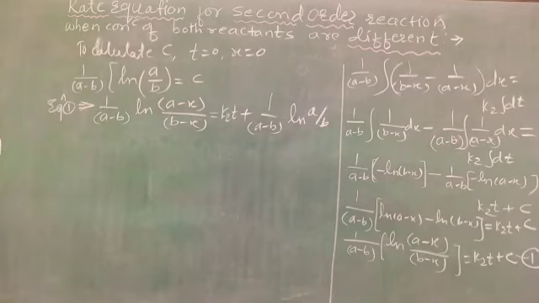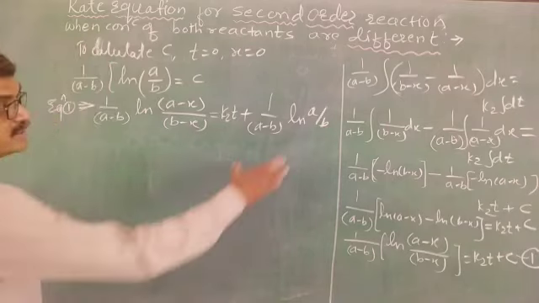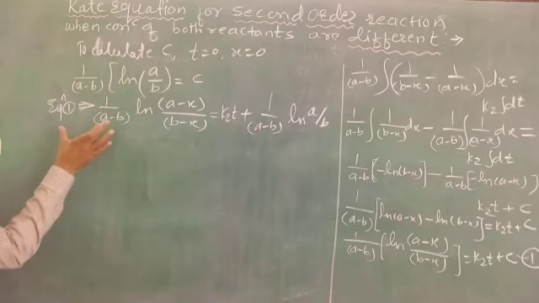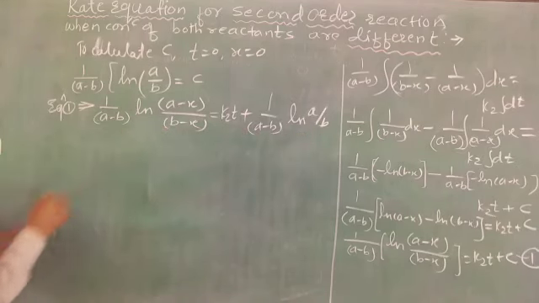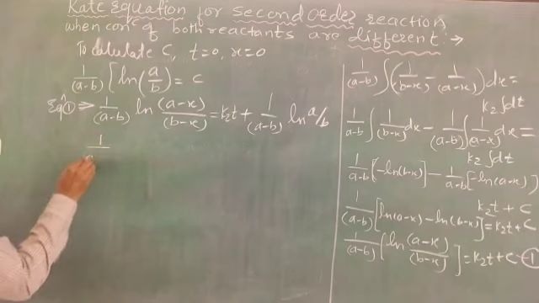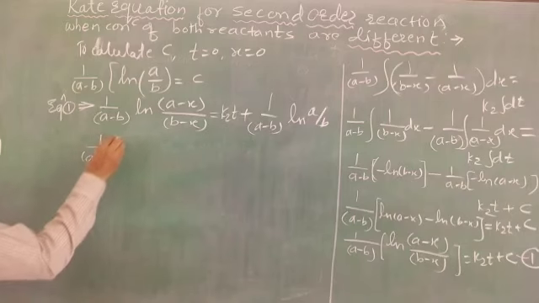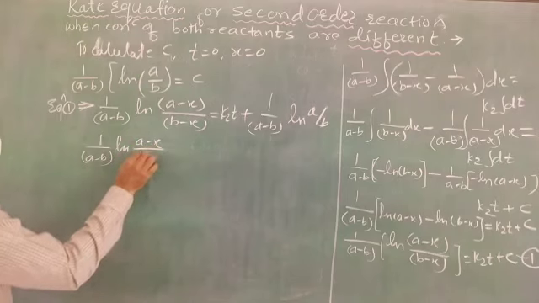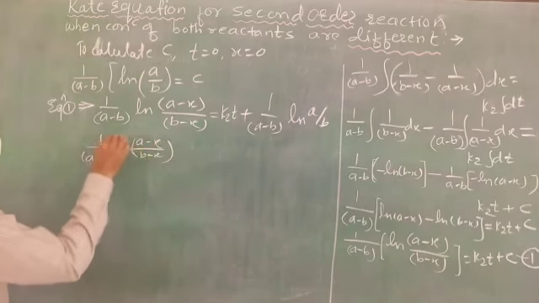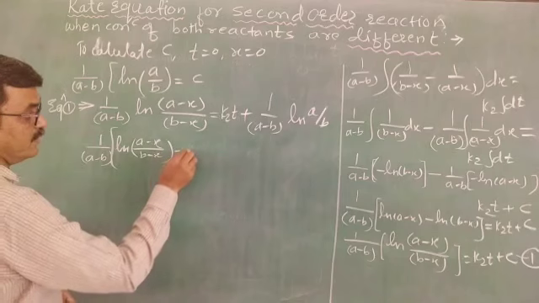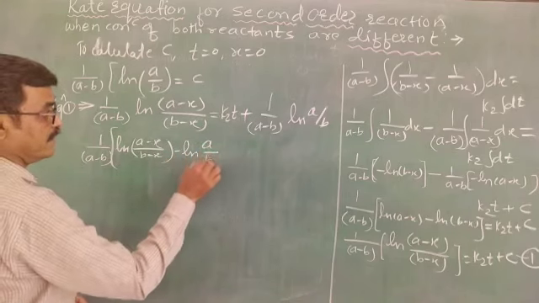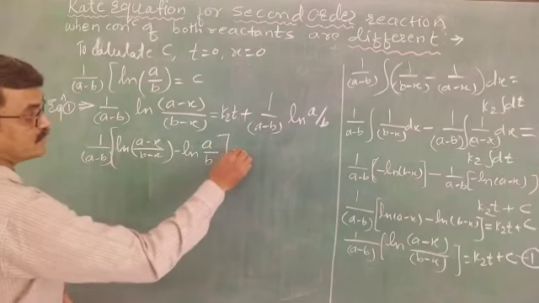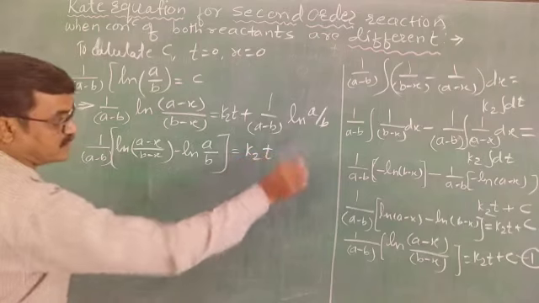Now further solving this equation, this term comes to the left hand side, then 1 upon a minus b remains common, ln a minus x upon b minus x, then minus ln a upon b, that is equal to k2 into t.